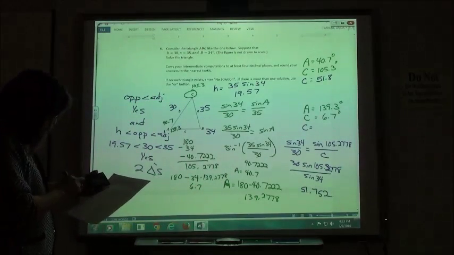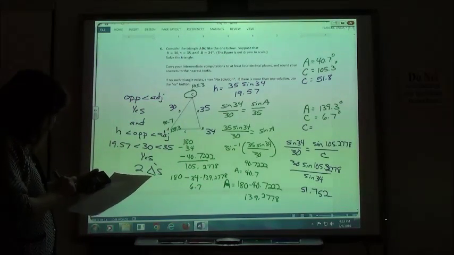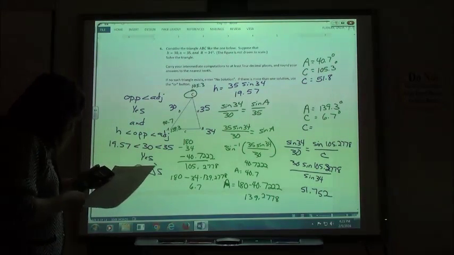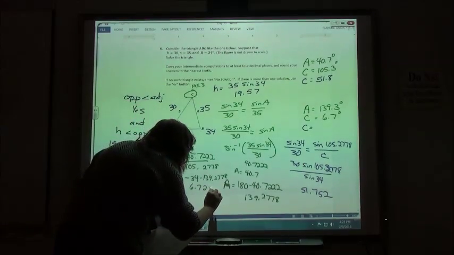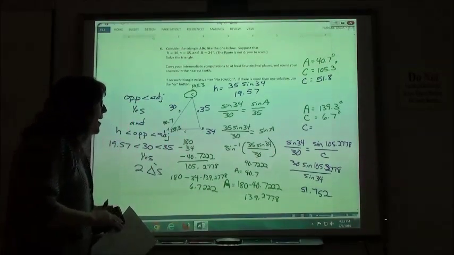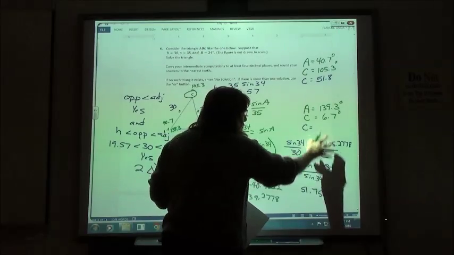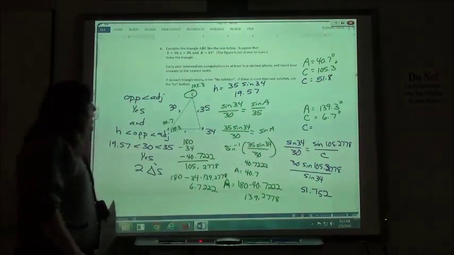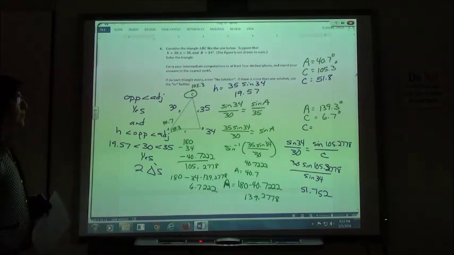And so 180 minus 34 minus 139.2778 gives me 6.7222. So when I do my law of sines, like I did over here, I'm going to use the 6.7222 and make sure I carry it to 4 decimal places.